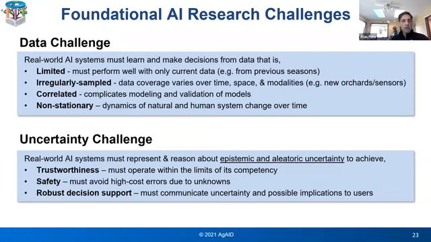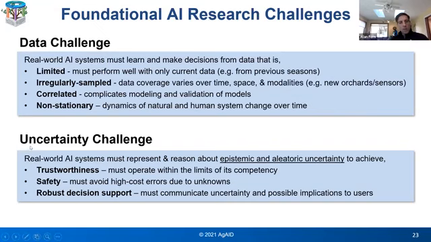The data is also non-stationary. The weather is non-stationary in a sense, and fields and plants change over time. So this is a lot of challenges that make this problem very interesting from an AI research point of view.